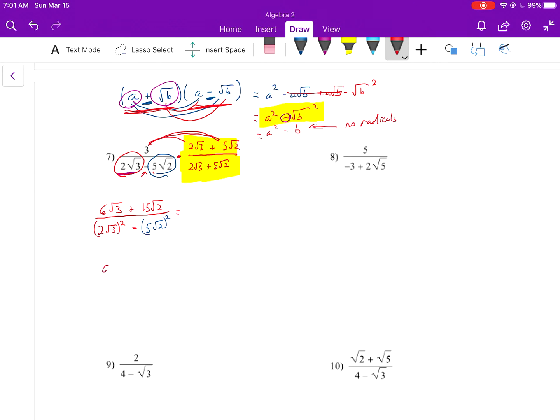So we still have 6 root 3 plus 15 root 2. And then we're just simplifying this. So 2 squared is 4. Root 3 squared is just 3. And then minus 5 squared is 25, and root 2 squared is 2.